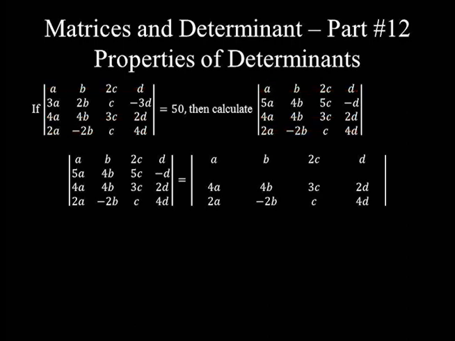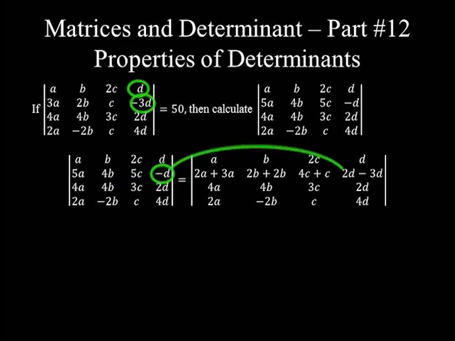Row 2 elements in the question can be expressed as twice row 1 elements plus the corresponding row 2 elements of the given matrix, meaning 5a is 2 times a, that's 2a, plus 3a. 4b is 2 times b, that's 2b, plus 2b. 5c is 2 times 2c, that's 4c, plus c. And negative d is 2 times d, that's 2d, plus negative 3d.